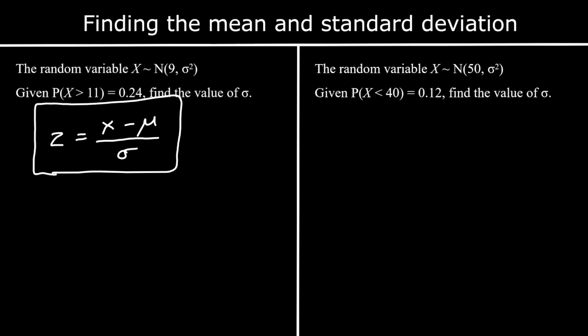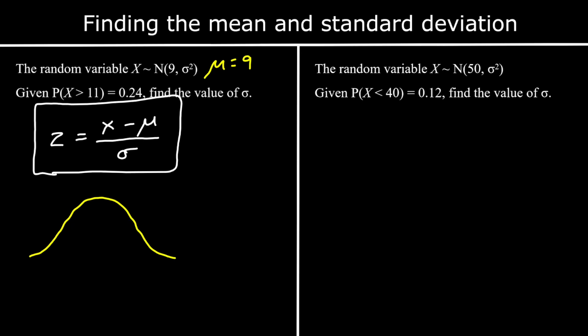Let's look at this question. So a random variable x is normally distributed with a mean of 9, and we don't know the standard deviation, but given the probability that x is greater than 11 is 0.24, we need to find the standard deviation.